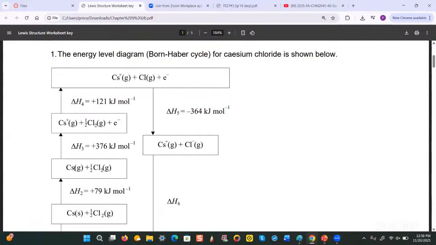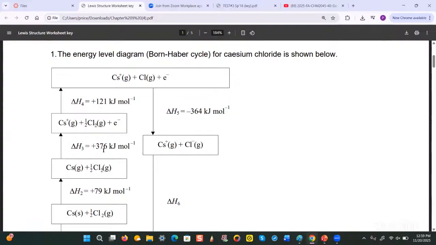So if you replace cesium with sodium, then the delta H3 value would be greater than what it is for cesium. So the question is asking, why is that so? Why is it that cesium would have a lower delta H3 value compared to sodium?